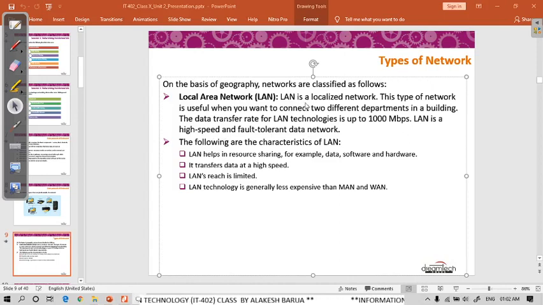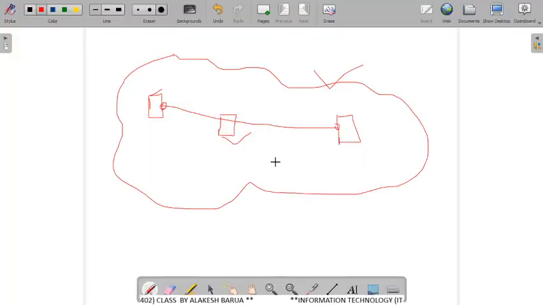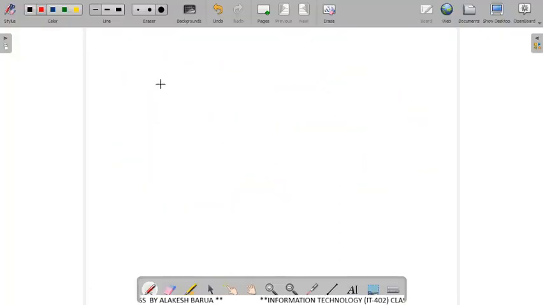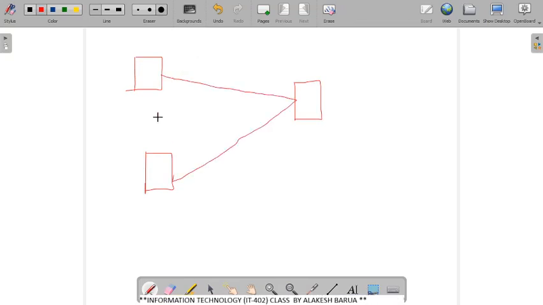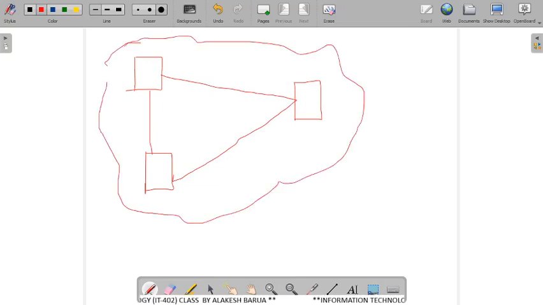So let's go through these points. LAN is a localized network. LAN is a localized network means a LAN network is connected like this. So a LAN network is local. It does not go outside a specific area.